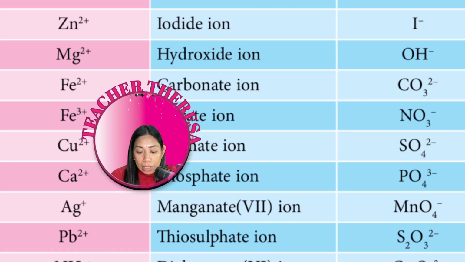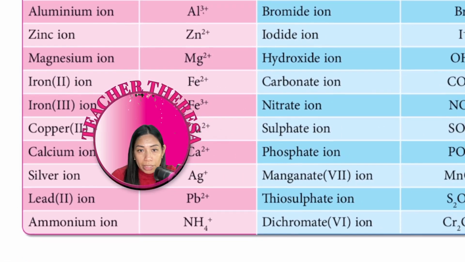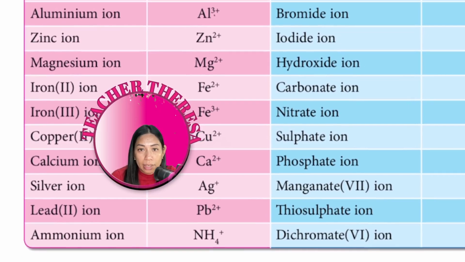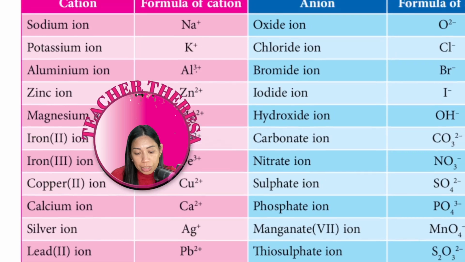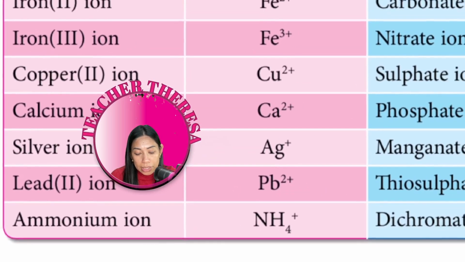Then next, we want to know about polyatomic ions. Polyatomic ions are ions that are formed by more than one element. For the positively charged ions, the cations, we have one polyatomic ion, that is ammonium.